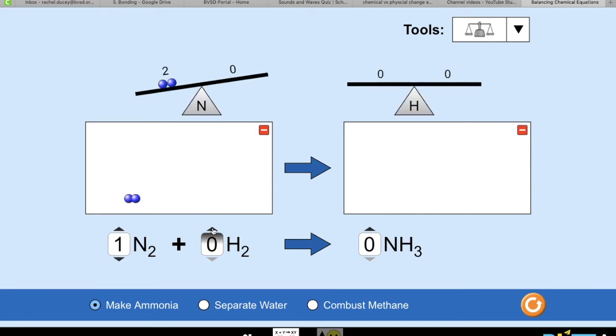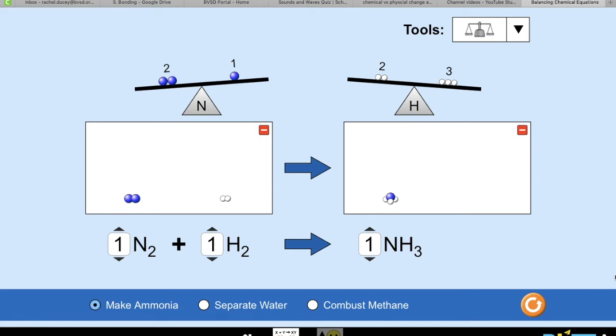So what this shows you, I'm just going to start by adding 1 of each thing. We want to make ammonia. We have 2 nitrogen and 2 hydrogen. What we want to know is how many of those molecules we need to make ammonia, NH3. What this tool up top tells you is how you're unbalanced and even.